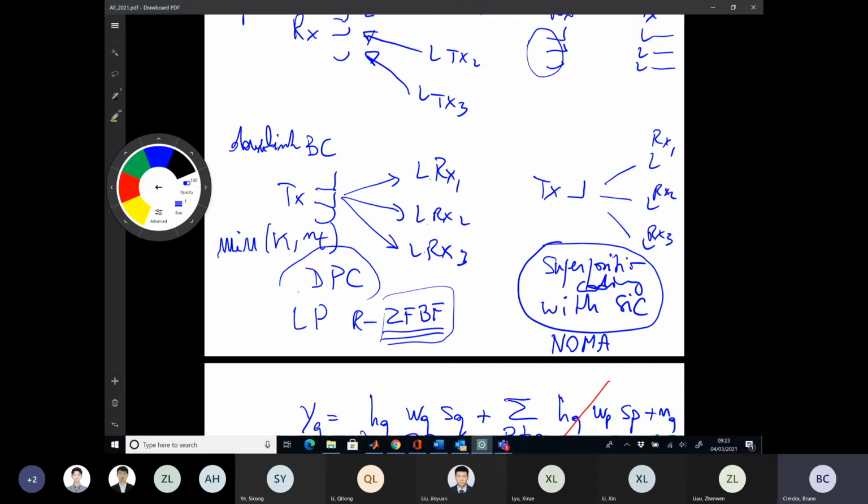At most, because it has 4 antennas, it will be able to transmit 4 interference-free streams.